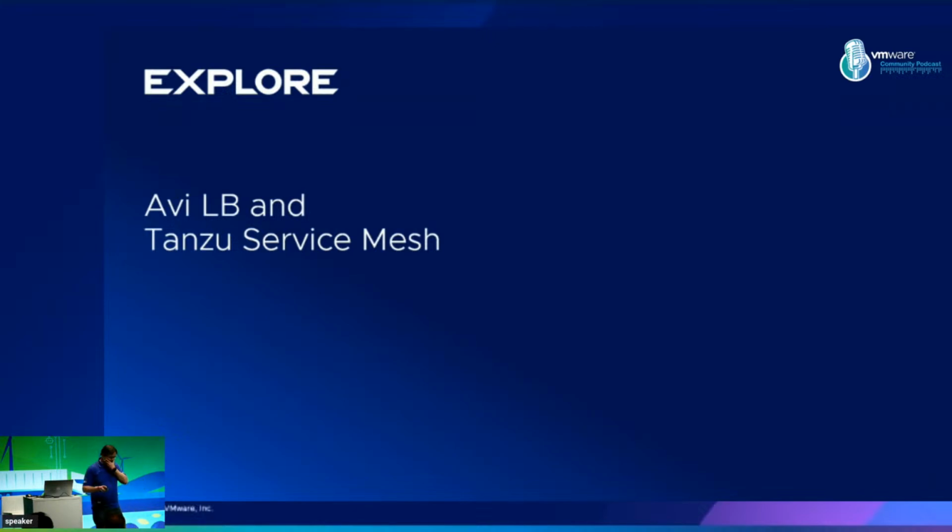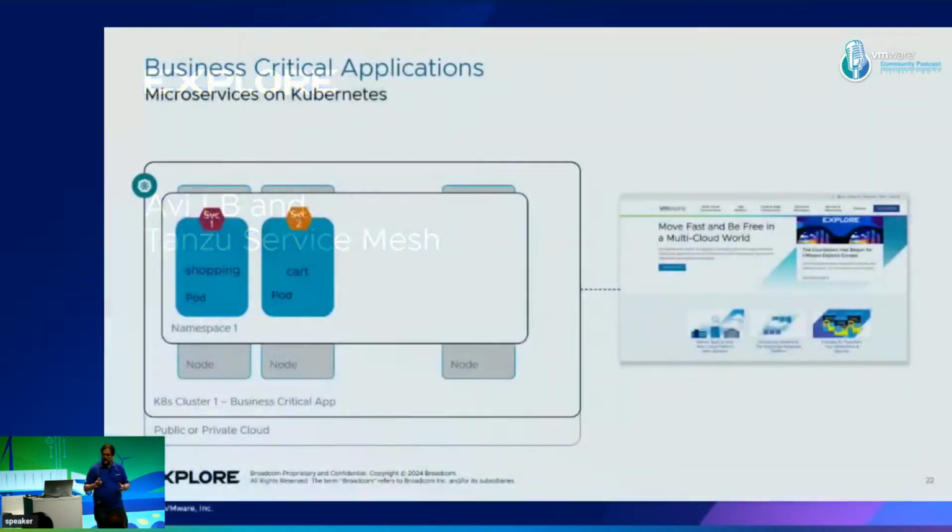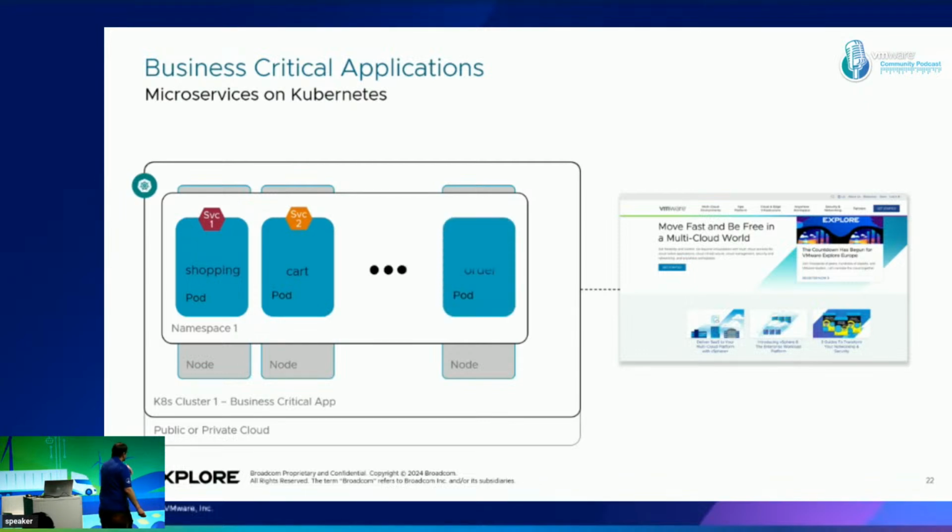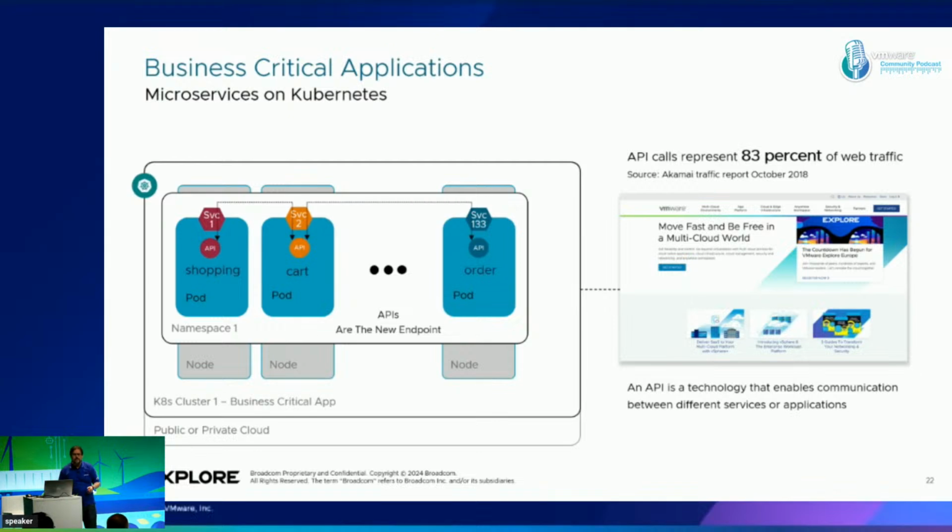What is the other problem? Normally, when you run an application inside a cluster, you have different pods because it's a microservice application. So you need to create those pods, and you need different APIs for connectivity. And in the Kubernetes world, you don't move IP packets.